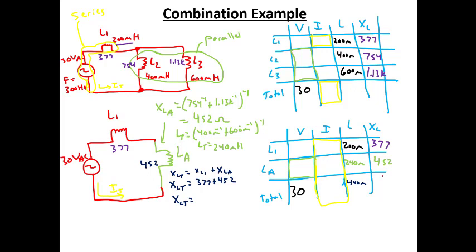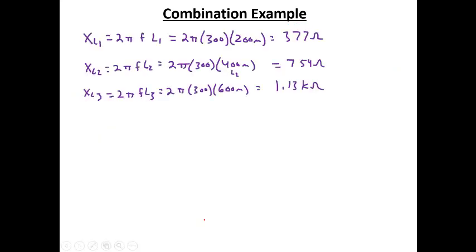I get 829 ohms. All right, the next thing that I can do is find the I total. So I total is V total over X sub L total. So that's going to be 30 divided by 829.